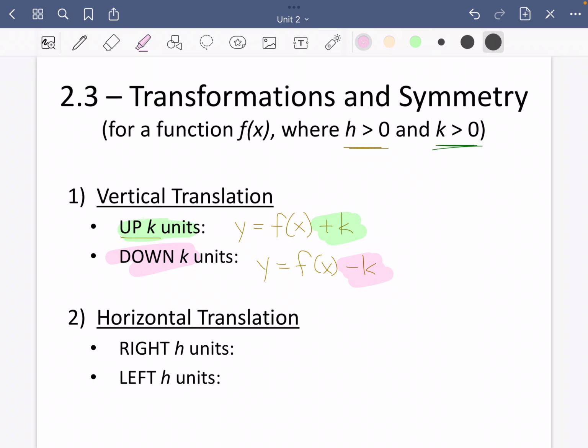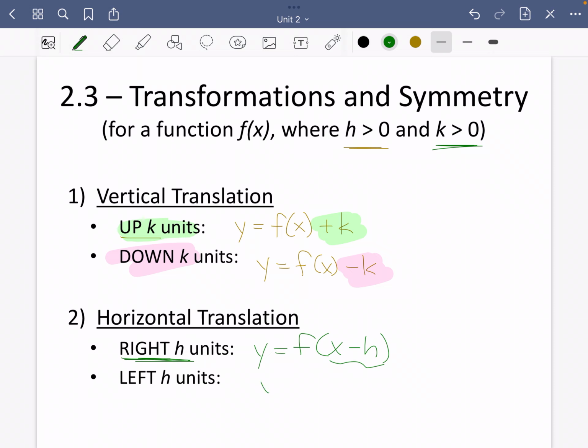If instead we want to shift left and right, then we will have something like y is equal to f of x minus h. That's going to shift it right h units. So when we subtract h on the inside of our function, from that x itself, that is going to have the effect of shifting it horizontally, moving it left and right. In particular, it's moving right when we subtract a number.